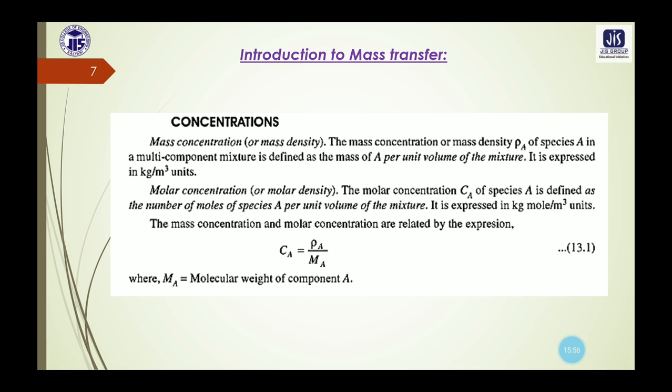Now the mass concentration and molar concentration are related. The mathematical representation of the relation is Ca equals rho A by Ma. That is, the molar concentration is the ratio of mass concentration and the molecular weight of the same species.